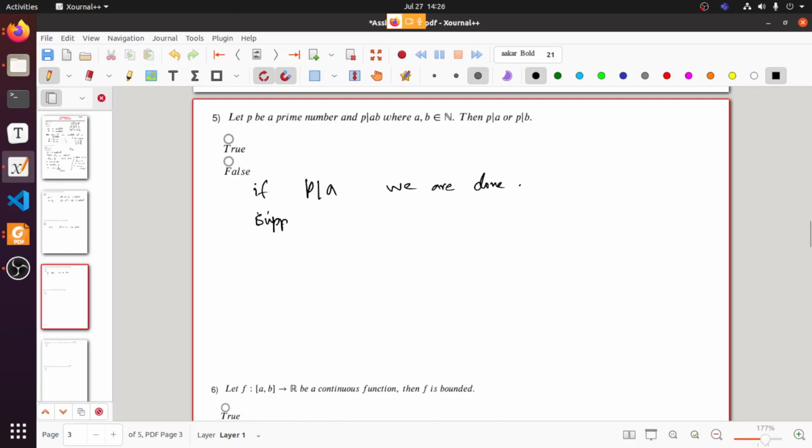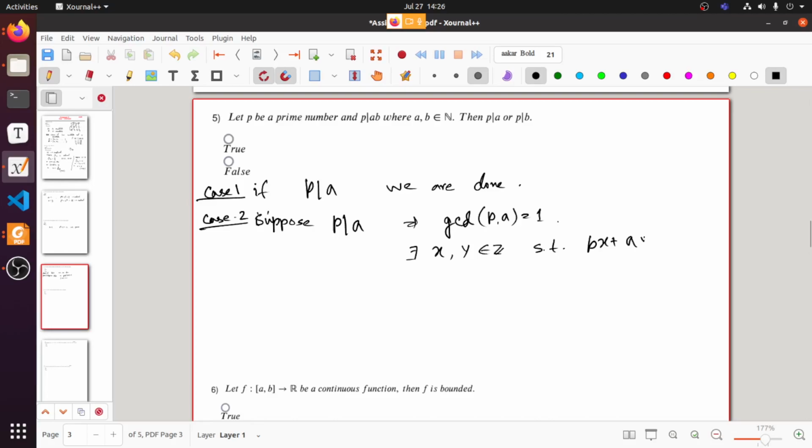Case 2: suppose p does not divide a, which will imply GCD of p and a is 1. So what is the meaning? It means there exist integers x and y such that px plus ay equals 1.